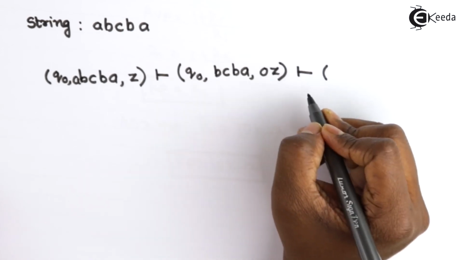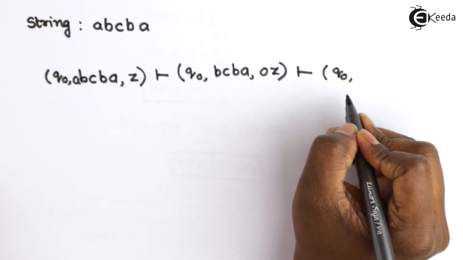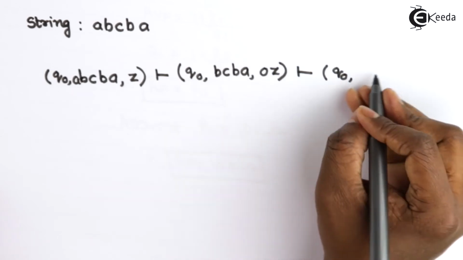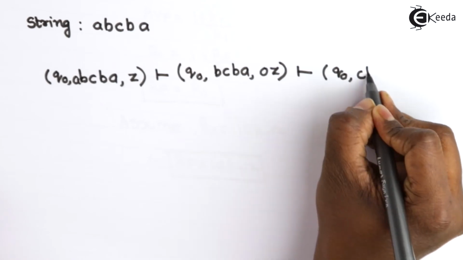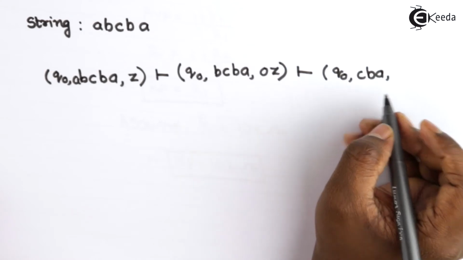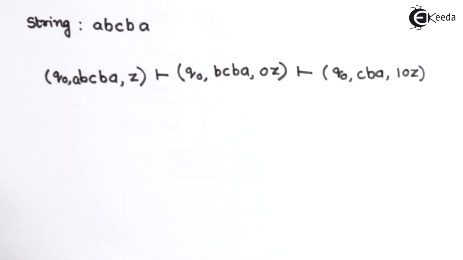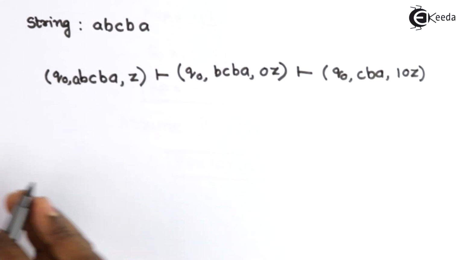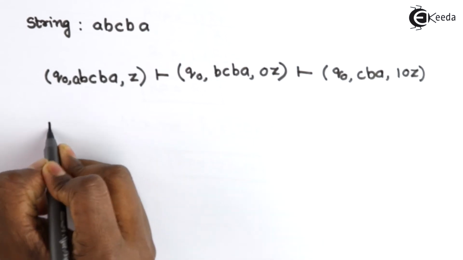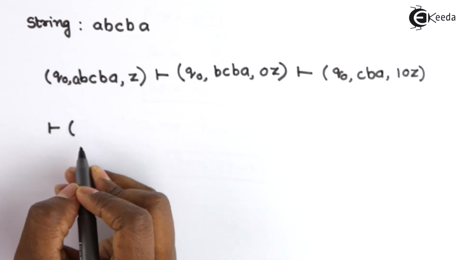Again Q0 with CBA left out. The top of the stack would be 1, which will be pushed on. In the next transition, the state would be again Q0.